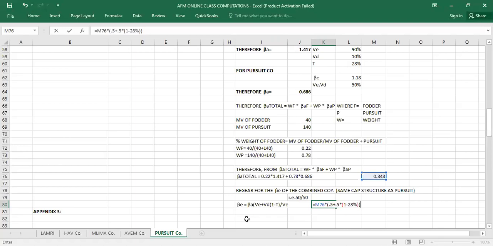Now all of those figures divided by 0.5. So my beta equity gives 0.59.